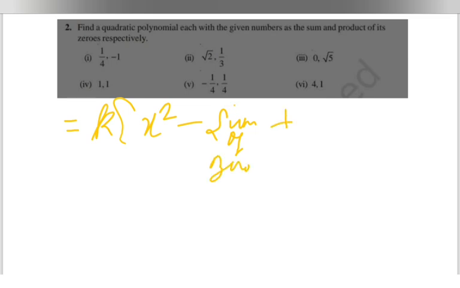So let's start. Generally there is a formula for finding a quadratic polynomial. That is k times x square minus sum of zeros plus product of zeros, where k is a constant.